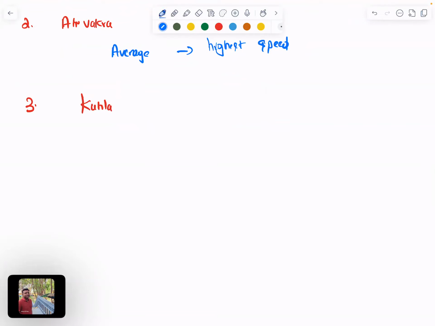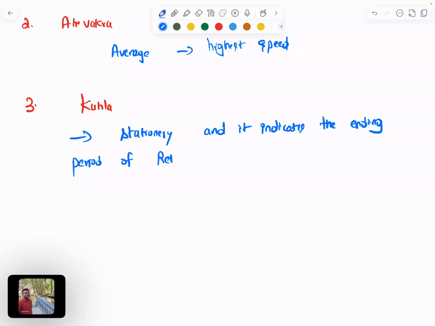This Kutila means almost stationary, and it indicates the ending period of retrogression or Vakra. Ending period of retro.